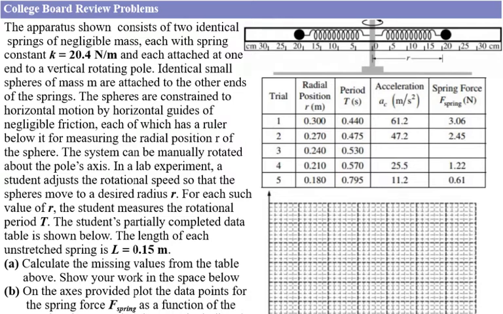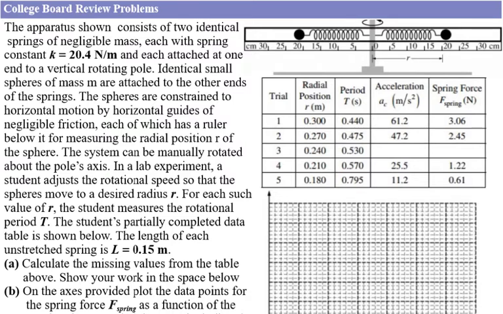The spheres are constrained to horizontal motion by horizontal guides of negligible friction, each of which has a ruler below it for measuring the radial position R of the sphere.